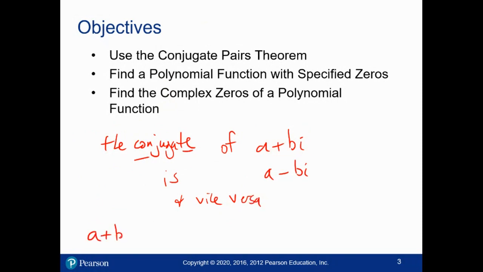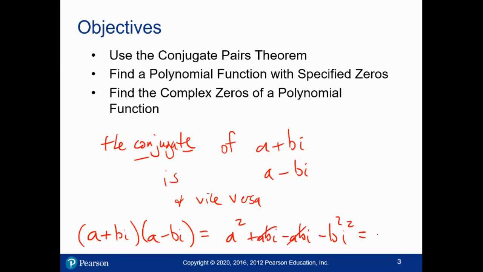So consider a plus bi times a minus bi. Well, if I FOIL this out, we get a squared plus abi minus abi minus b squared i squared. These exactly cancel, and then i squared being -1 gives me a squared plus b squared. The i's went away.